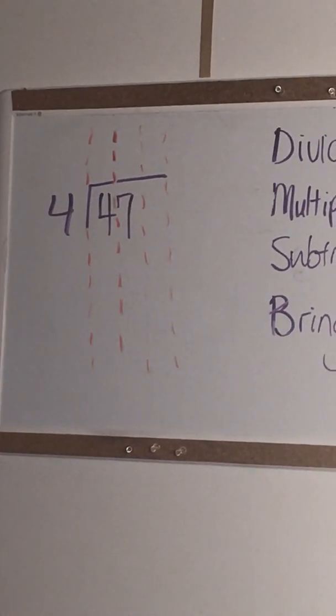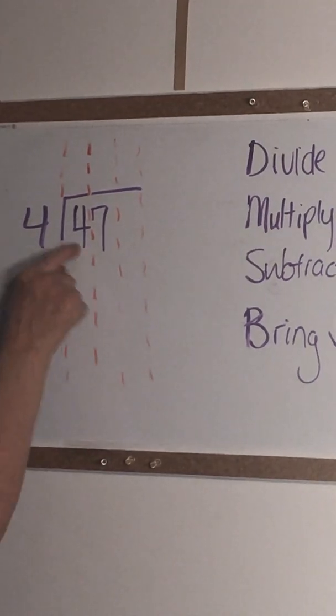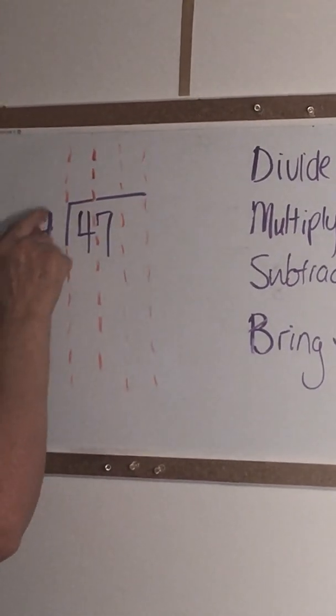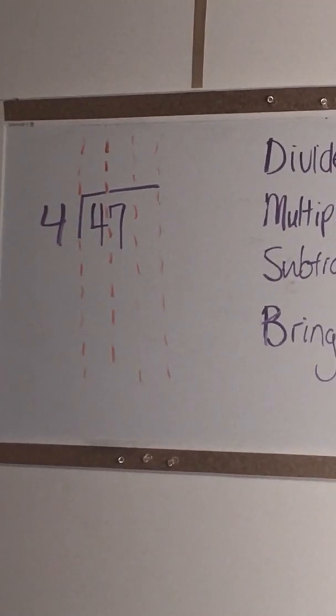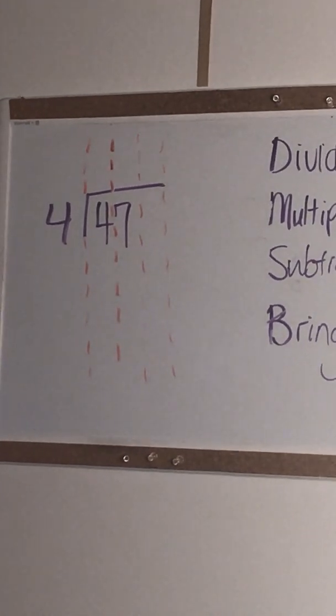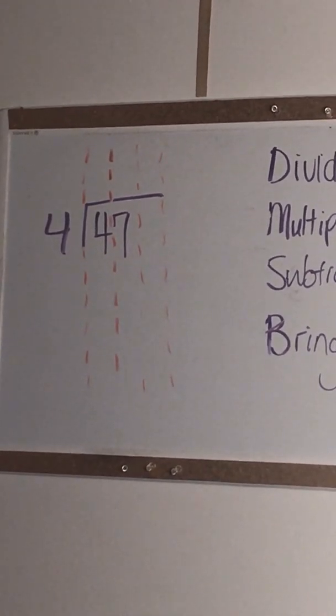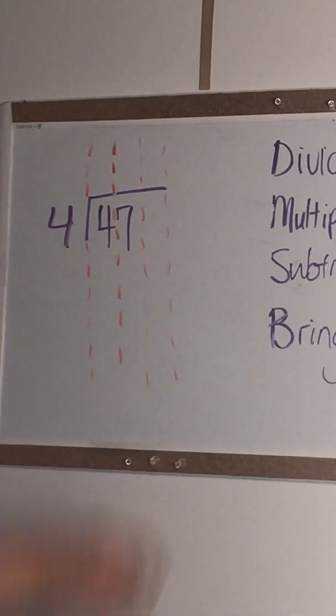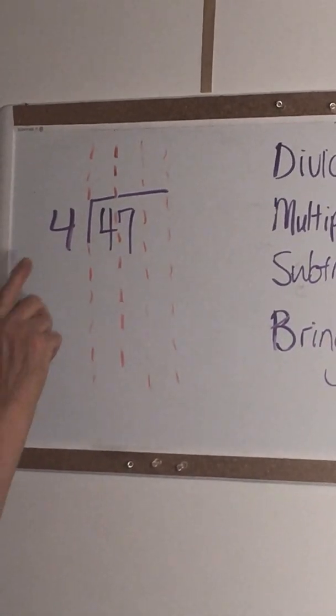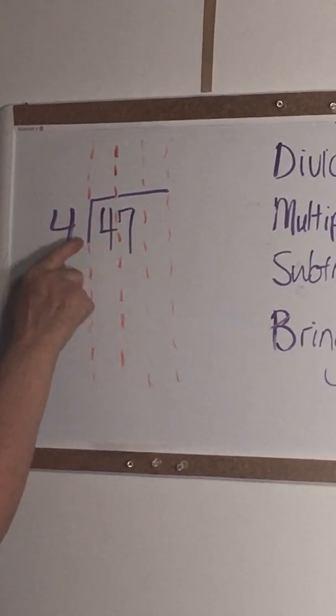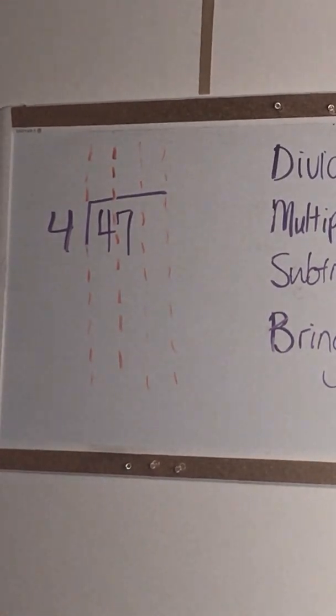So, what is my first division problem? 4 divided by 4. So if I have 4 people and I have 4 pieces of candy and I divide it up, everybody gets 1 piece. And we know there's a rule. Any number divided by itself is always 1.